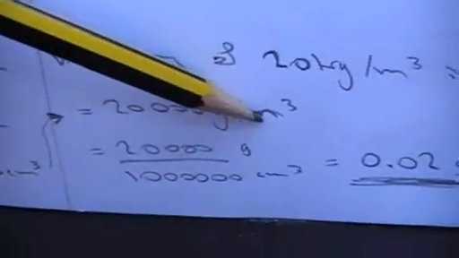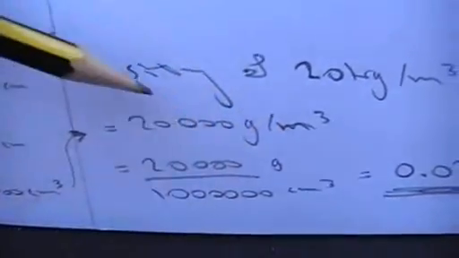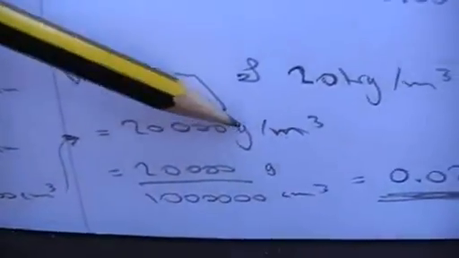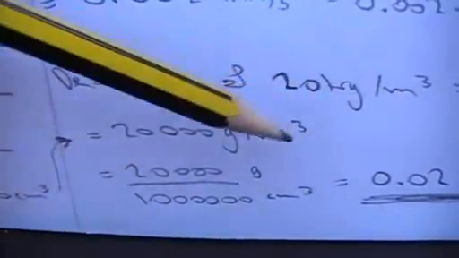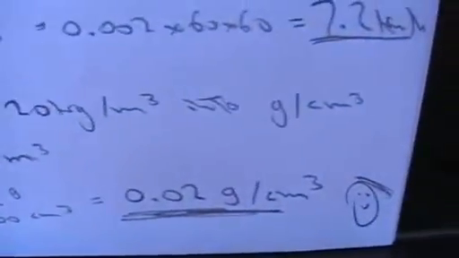So to convert metres cubed into cubic centimetres, we know it's 1,000,000, so you've just got 1,000,000 on the bottom. So it's 20,000 grams, kilograms to grams, 1 metre cubed converts to 1,000,000 centimetres cubed. So that's 0.02 grams per centimetre cubed.